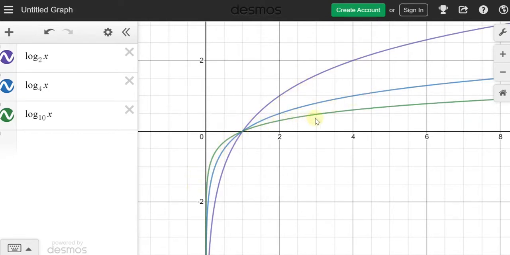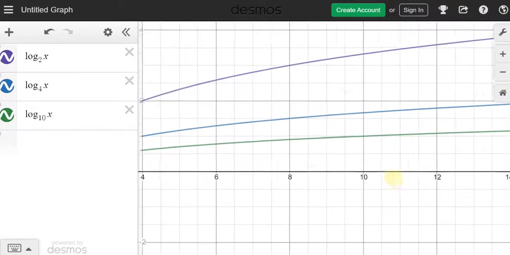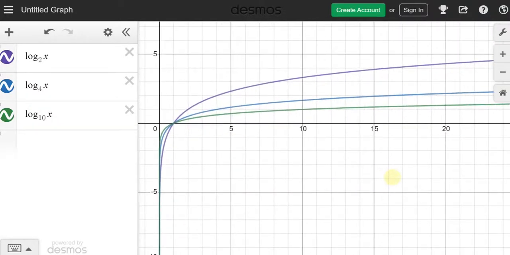And the green is log base 10 of x. So as the base increases, this is what the log will look like. You can see the effect of base on the graph of the log. I'll show you another one I put together for the effect of base on logarithms, and that really puts everything in perspective for you.